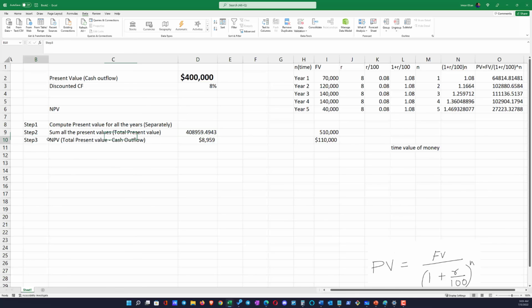Now if someone says net future value, then you don't compute present values. You just take this number, compute a future value at this rate, then subtract, and you would get to know whether that project is going to be profitable in the future or not. But I doubt if anyone is using net future value.